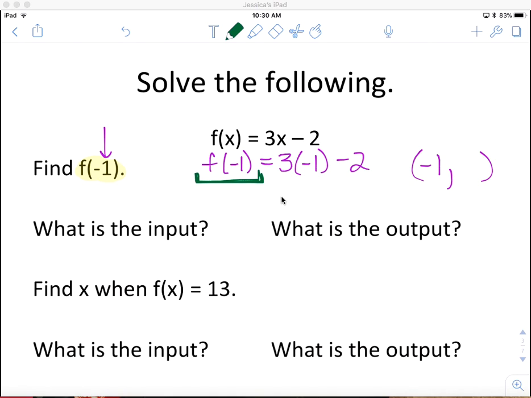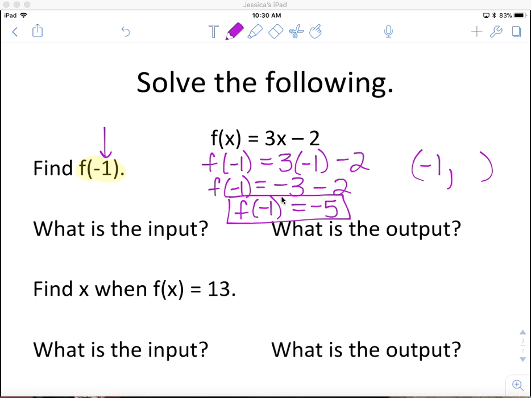That is the name of the point we're finding. So you're actually not going to do any work on the left side here. Instead, we're going to multiply 3 times negative 1. And negative 3 minus 2 tells me that f of negative 1 equals negative 5.